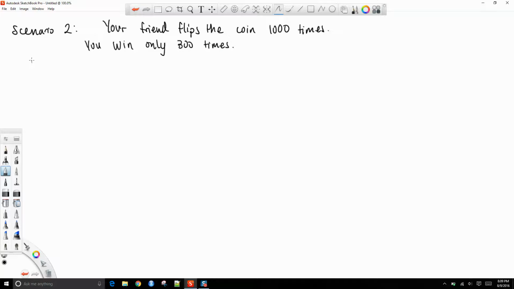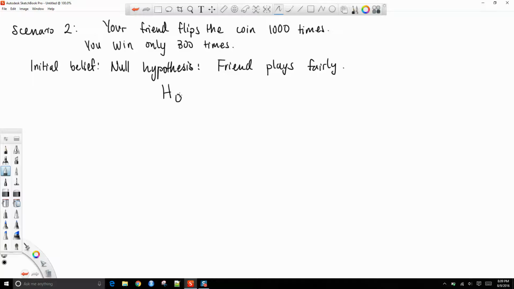So again, under our initial belief, our null hypothesis, which is friend plays fairly, or we can express this null hypothesis symbolically. We would write H0 to indicate the null hypothesis, and friend plays fairly, we would say P is equal to 0.5, P being the probability that we win.